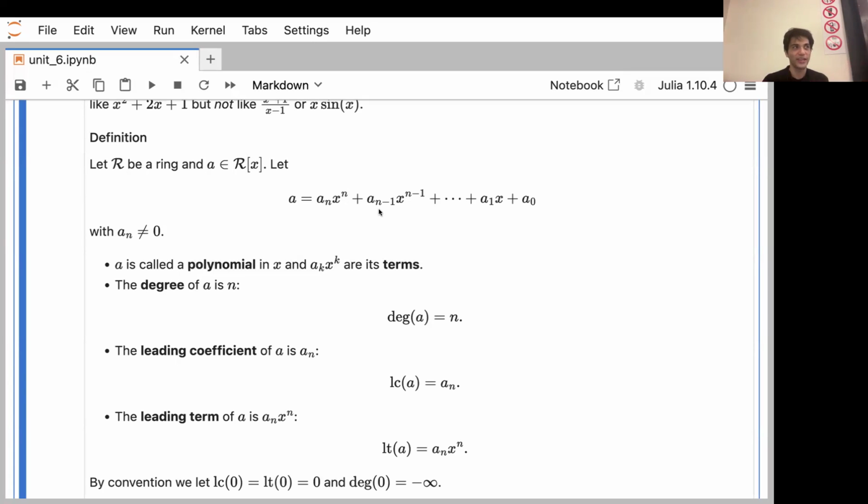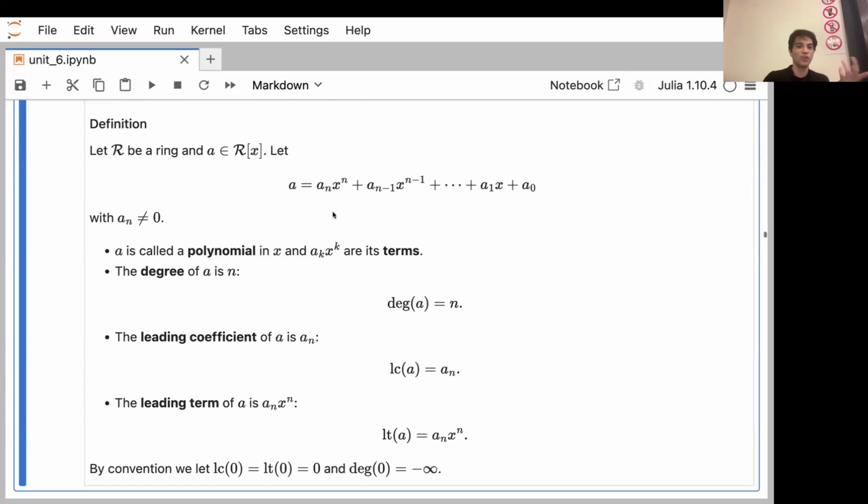Okay, so we're just going to agree on some nomenclature. A is the polynomial, x is called the unknown or the variable, a_k is called the coefficient, x^k is called the monomial, and their product is called a term. So a polynomial is just a sum of terms: poly, many monomials, stuck together.